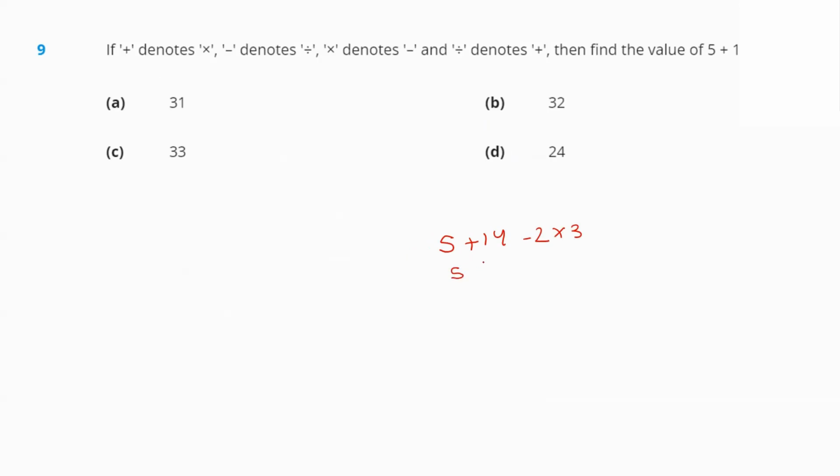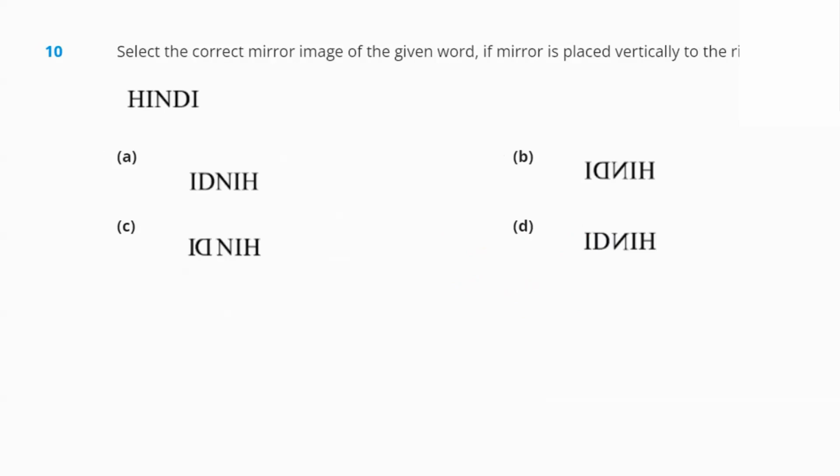So plus denotes multiply, so 5 multiplied by 14, minus denotes divide and multiply denotes minus. So firstly, following the BODMAS rule, we'll divide. So this will be 7. 35 minus 3 gives us 32. So our answer will be answer number B. Moving on to the next question.